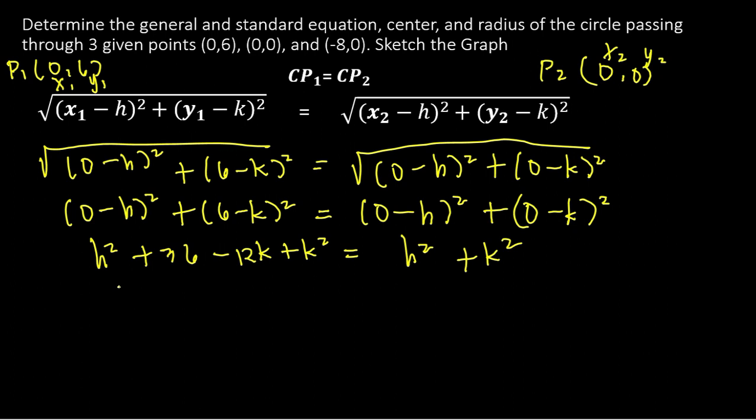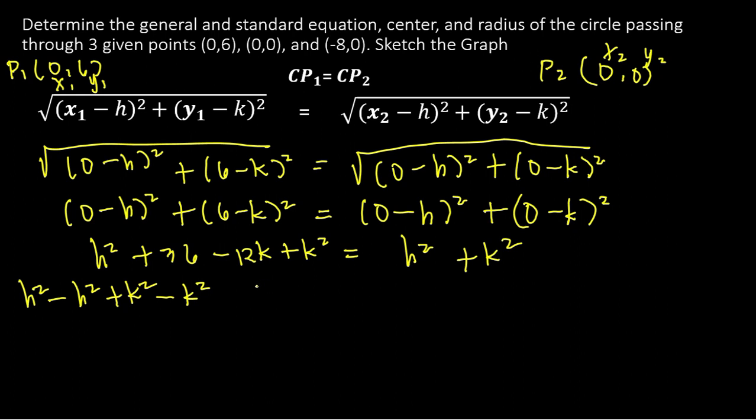Now let us combine like terms. We have h squared, so we transpose this h squared, and we will have negative h squared. Next we have k squared, and we transpose this k squared to the other side. We have to change the sign from positive to negative. Whenever we transpose, we change the sign.